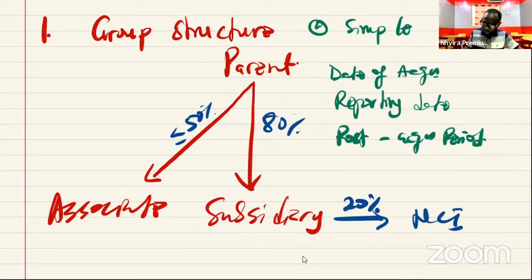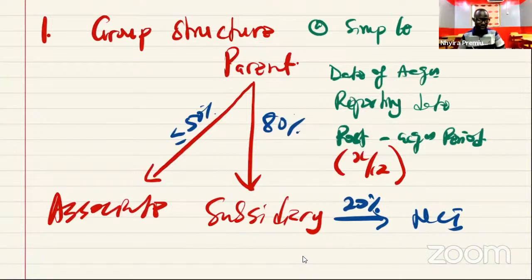Because the post-acquisition period, which is going to be X over 12, will help us in the sharing of profit, computation of post-acquisition depreciation, and dealing with the various items we need to look out for when it comes to fair value measurement in the subsidiary, as well as in the associate. So basically, that is the simple group structure for us to determine what exactly is going on.